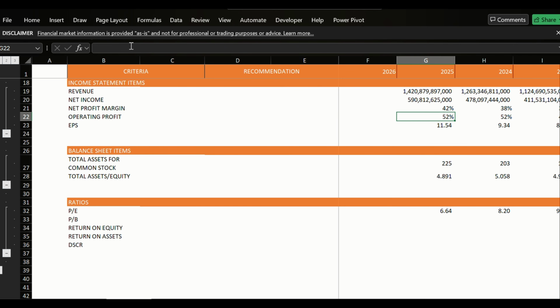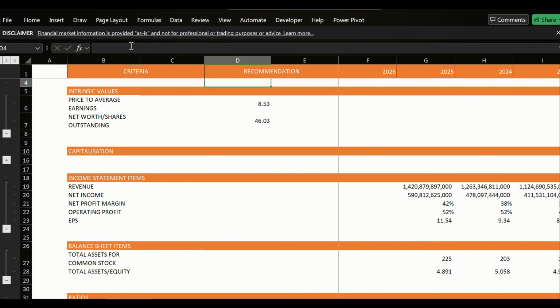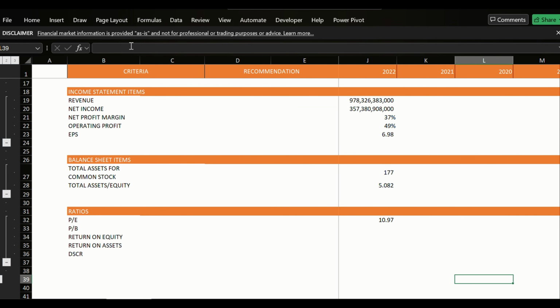The price is six times the earnings per share, but eight times the average earnings because, as you can see, 8, 9.